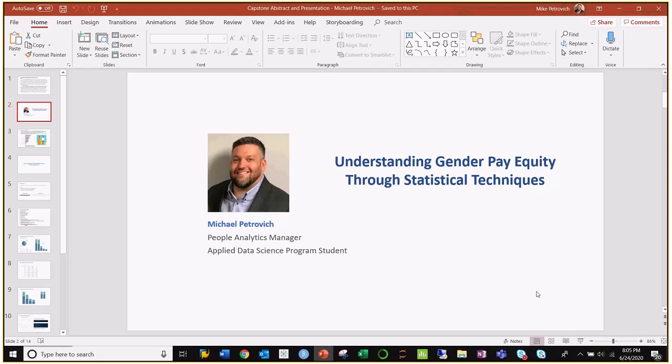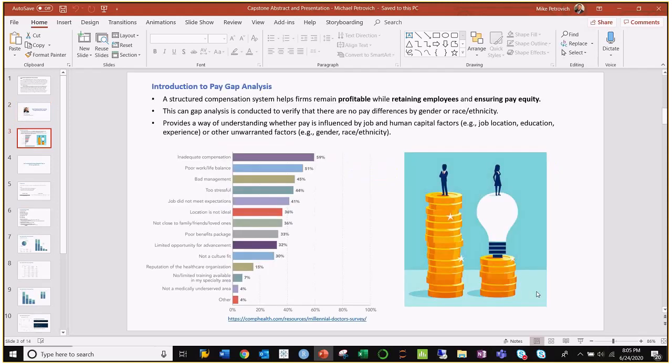But before I dive into the meat and potatoes of the analysis, I think it's important to cover how pay equity analysis originates, or really any type of pay equity problems originate. And that is really through the compensation methodology.